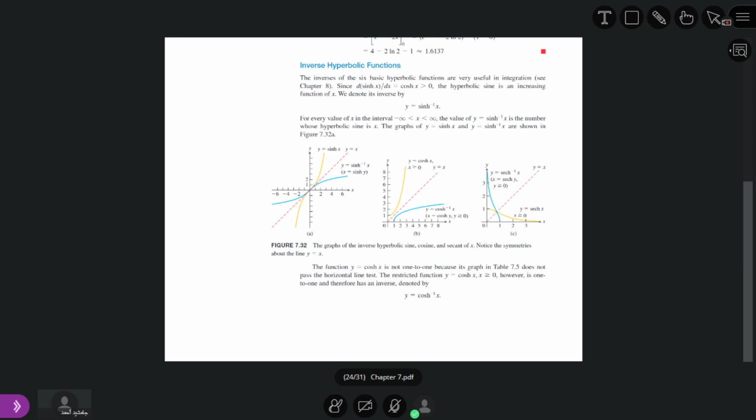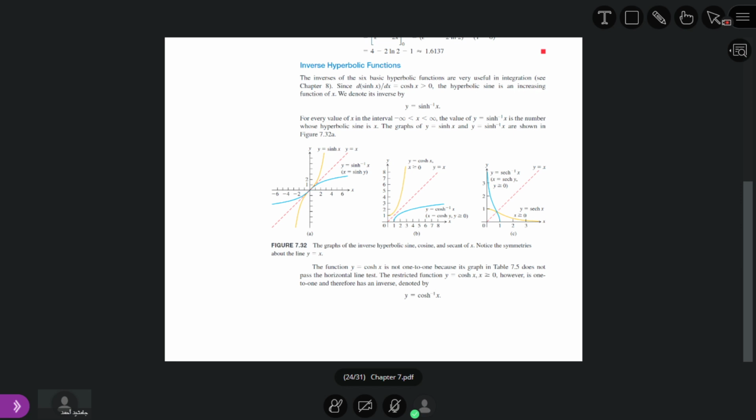In the second step, we shift cosine hyperbolic inverse x to the other side. So cosine hyperbolic y is equal to x.